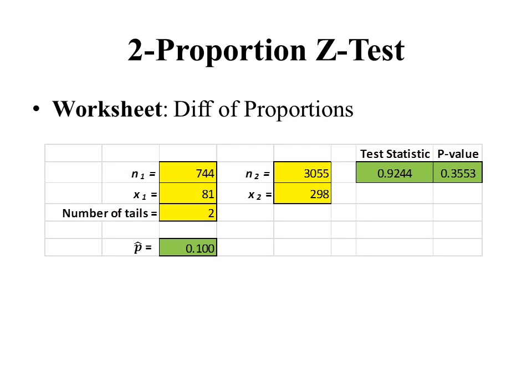We're just going to focus on understanding what it is we're doing, what it all means, and then how to do it in Excel. This type of test is not built into Excel, and so we're going to use some formulas that I built. Specifically, the worksheet is called the difference of proportions. Here in the yellow cells, we're going to enter our sample data, N1 and X1.